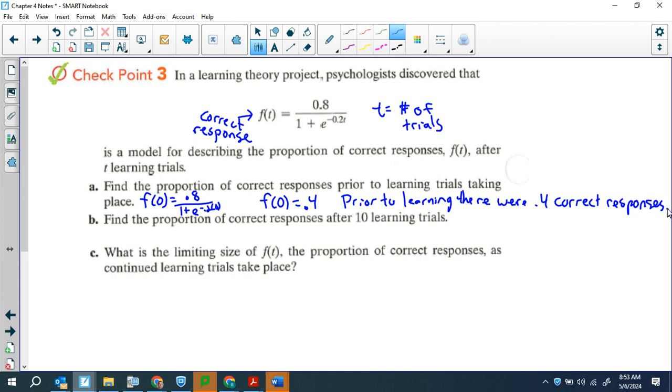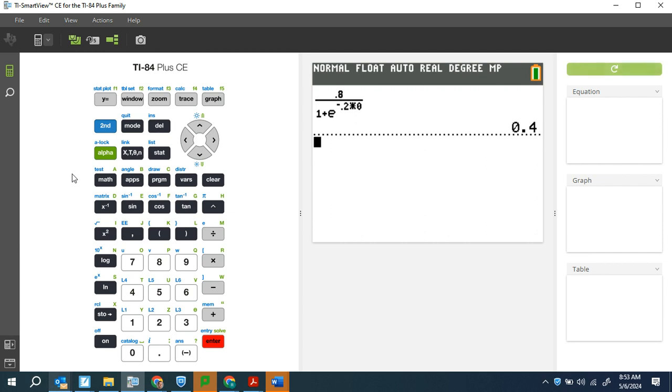Part B says find the proportion of correct responses after 10 learning trials. So again, that means we're just going to put 10 in for the t. And then pushing that second enter repeats everything we just used, and we can just scroll over, change the 0 to a 10.